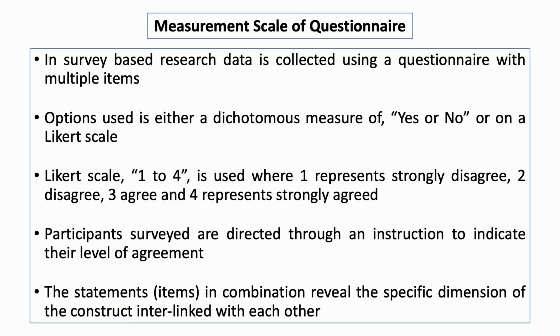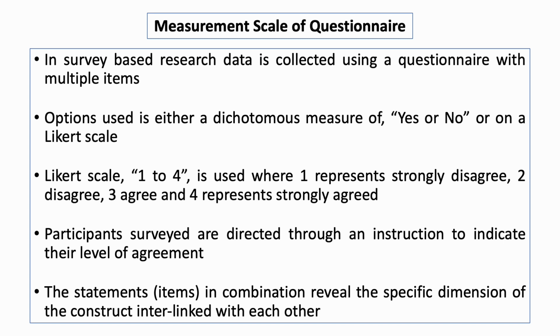Looking at the measurement scale of the questionnaire, in survey-based research, data is collected using a questionnaire with multiple items. So the option used is either a dichotomous measure of yes or no, or a Likert scale is used. If a Likert scale is used, 1 to 4 or 1 to 5 is used, where 1 represents strongly disagree, 2 disagree, 3 agree, and 4 represents strongly agree.